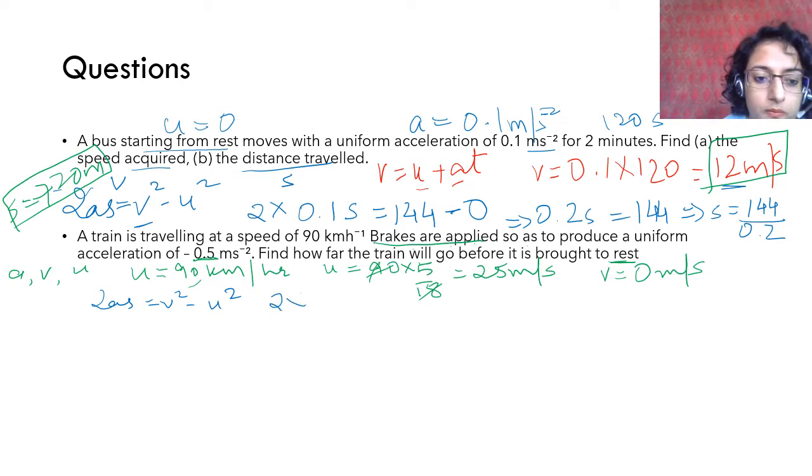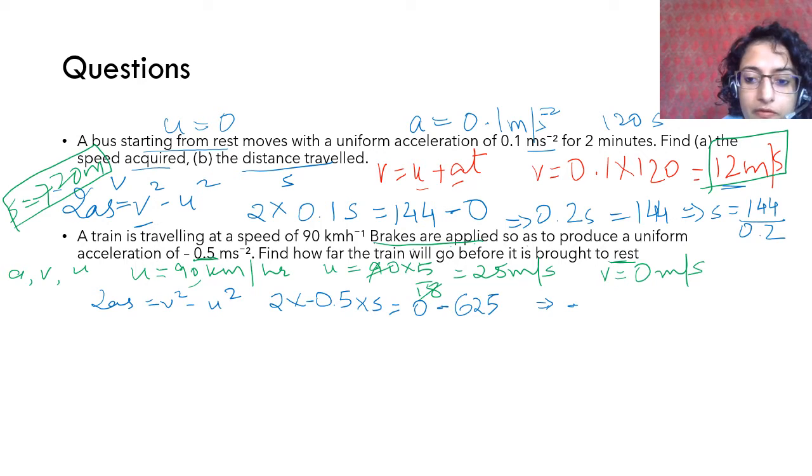2 into minus 0.5 into s is equal to v square, which is 0, minus 25 square, which is 625. So now we have minus 1 s is equal to minus 625, therefore s is equal to 625 meter.